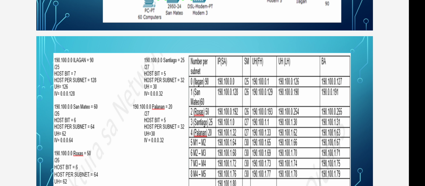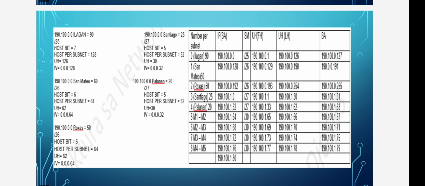Tapos sa susunod, San Mateo, have 60. Pinakamalapit doon, 64 per subnets. Ang Rojas may 50. Ayun, ganun din. Ito ang IP table.